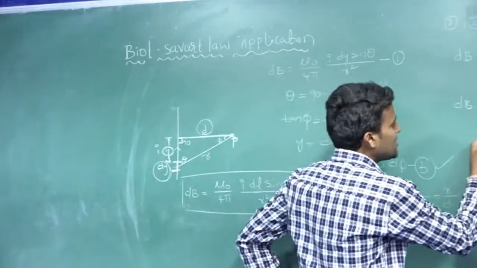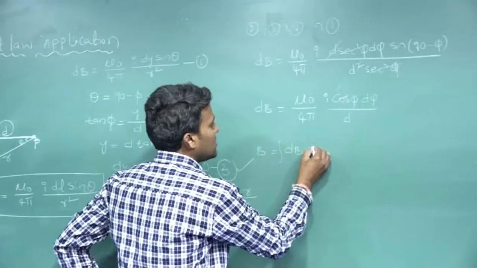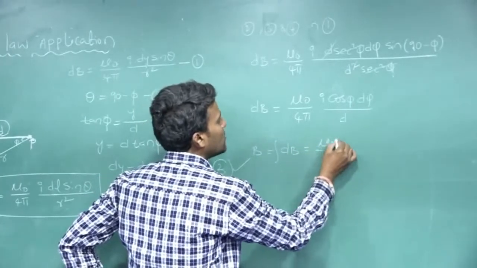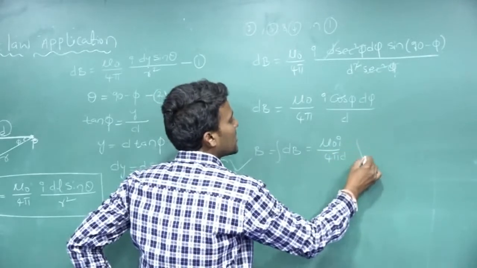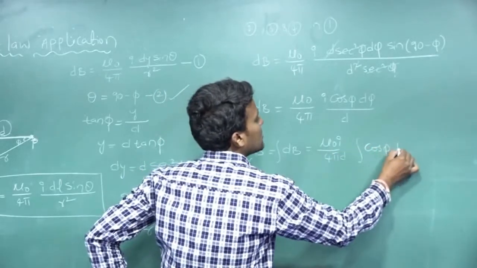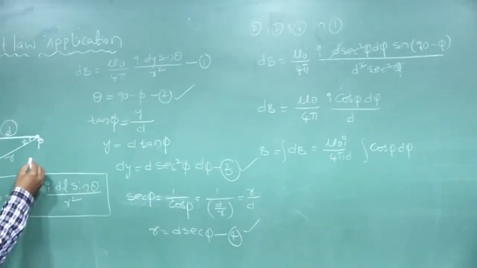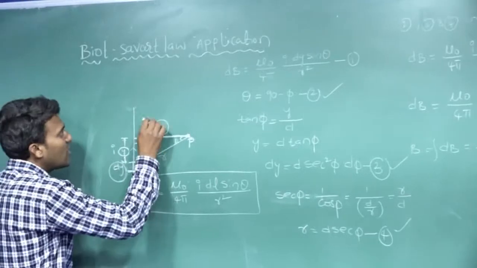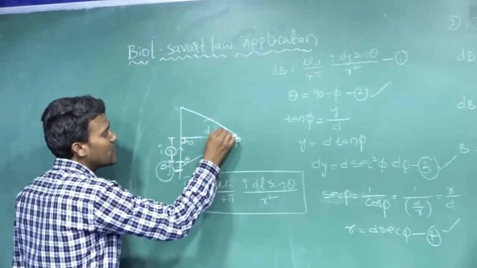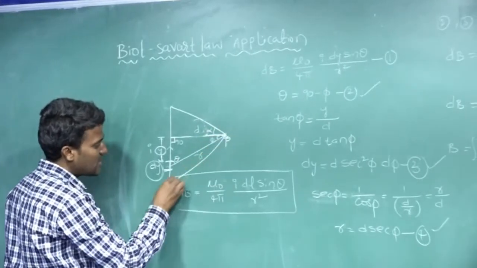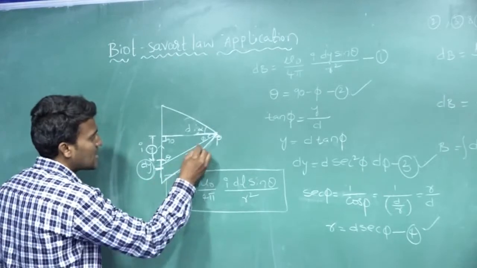When you integrate, the integral of dB is equal to B, that is equal to mu naught I by 4 pi D, D is the constant, integral of cos phi d phi. And for the limits, see here, again you have to come here: one end is making an angle alpha, and the other end is making an angle beta.